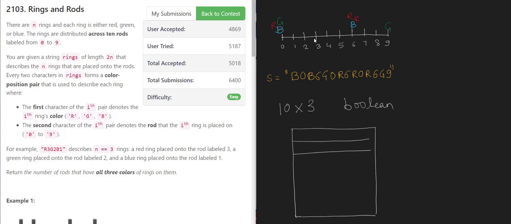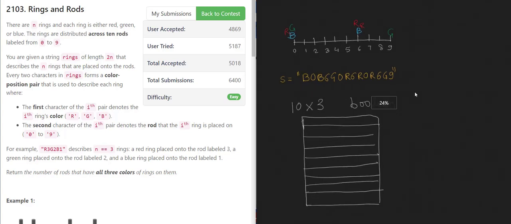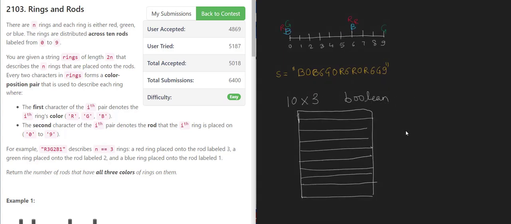Each row is representing the rod and each column is representing the ring color. So 0, 1, 2, 3, 4, 5, 6, 7, 8, and 9.